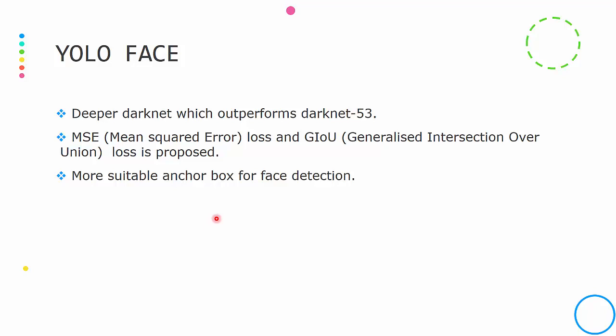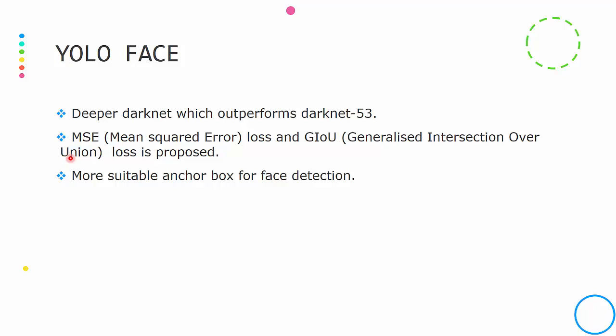Secondly, YOLO face uses the k-means clustering algorithm, which selects the anchor boxes. First, we choose k randomly as the number of anchor boxes, and initialize clustering centers to calculate the IOU of the anchor boxes. GIOU means generalized intersection over union. And here I have mentioned that YOLO face uses two loss functions. First one is MSE, second one is GIOU.